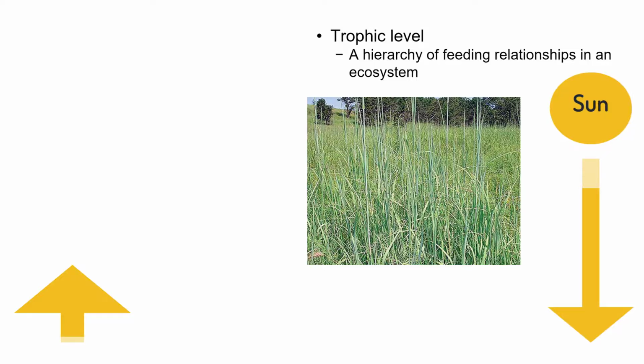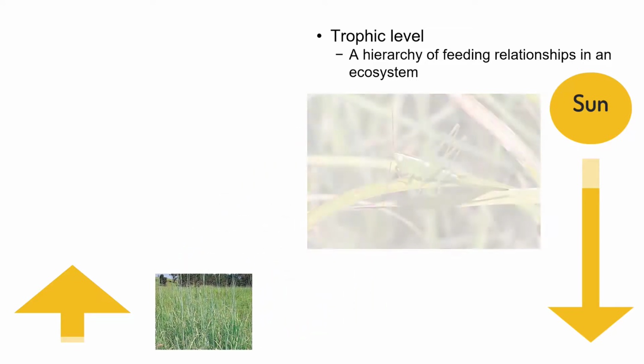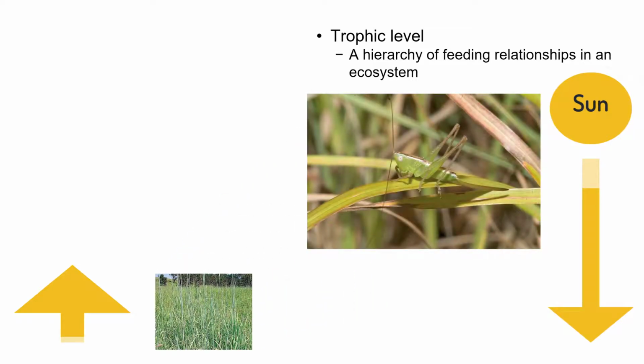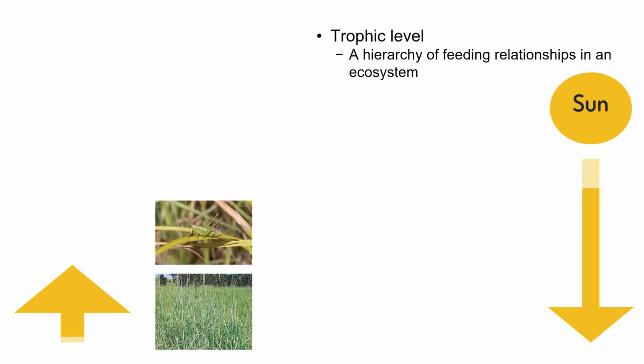Then there's the consumers. They're broken up into levels as well. So you've got things like primary consumers. This is insects. Here we see a grasshopper as a good example. They feed on that grass exclusively. They don't feed on anything that's above them, like a bird, or most of the time they don't.